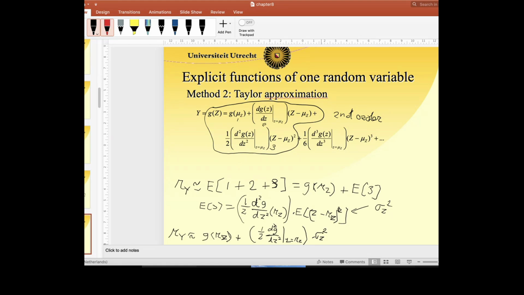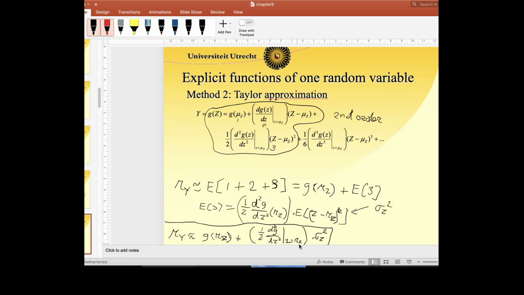Okay? So this is the second order Taylor approximation of the mean.